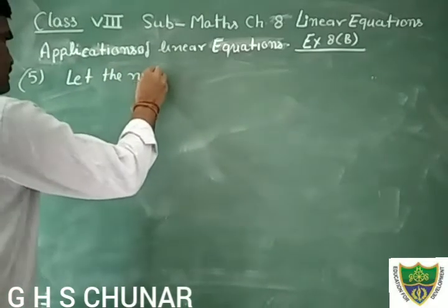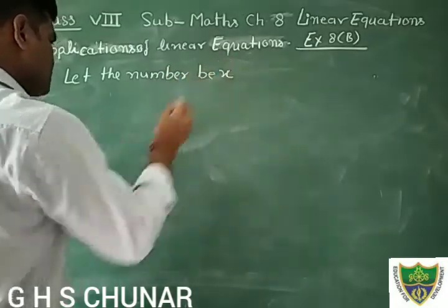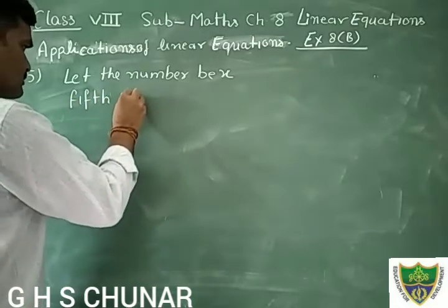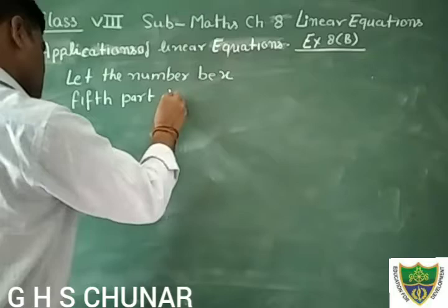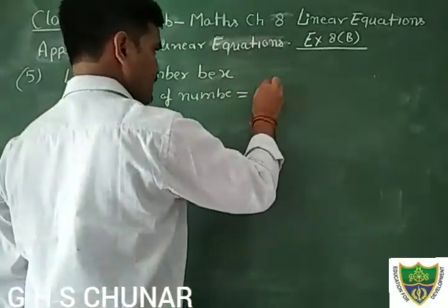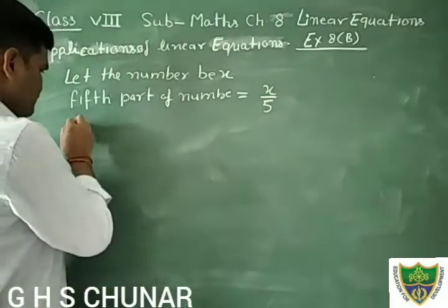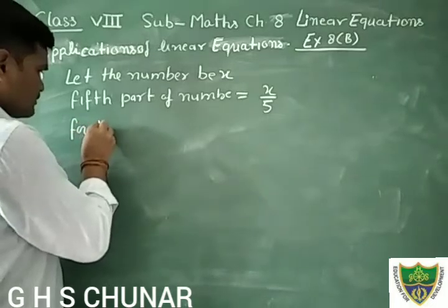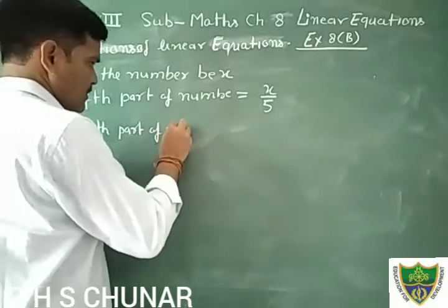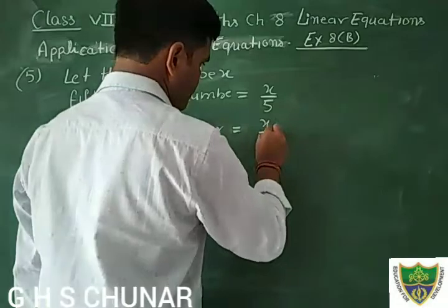Let the number be x. Now the fifth part of the number is x upon 5. Again, the fourth part of the number is x upon 4.